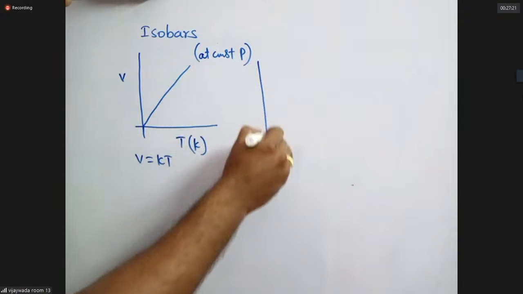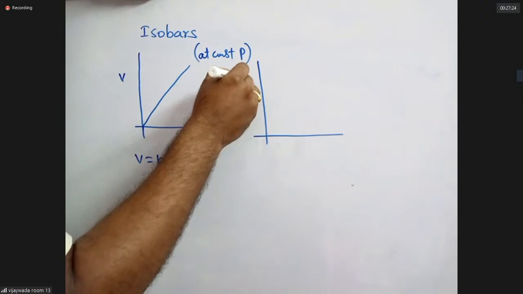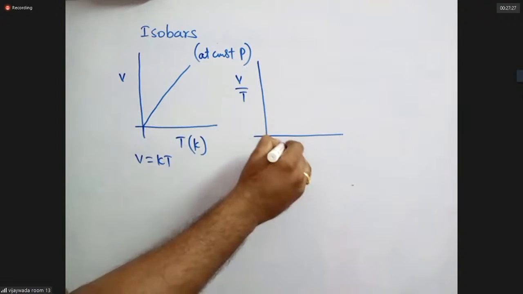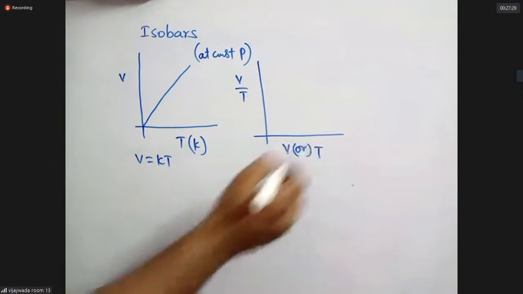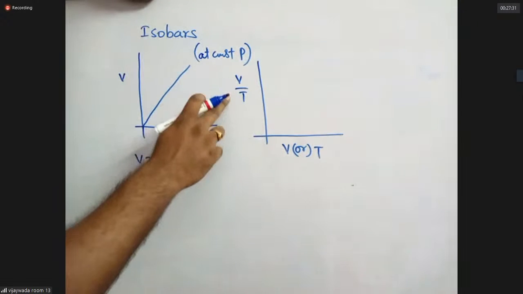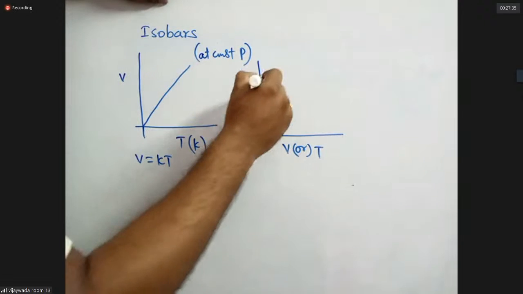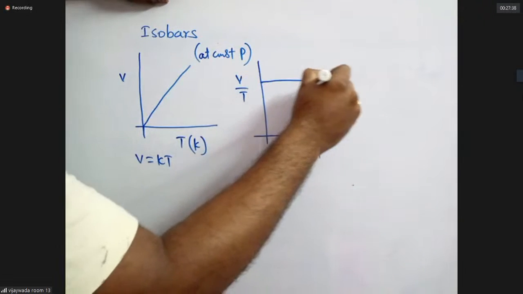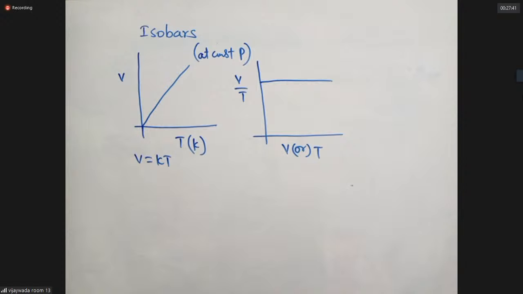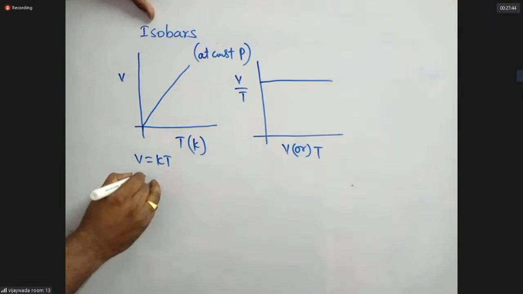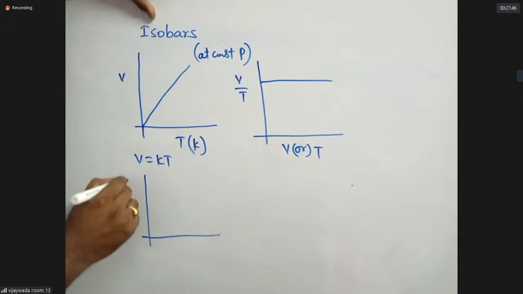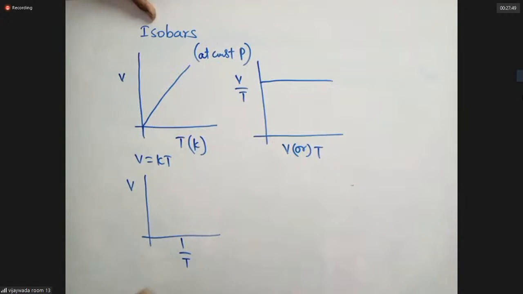Next, V by T. V by T at any volume, at any temperature is constant. So this graph will be like this. Next, V versus 1 by T. V increases, 1 by T decreases. V decreases, 1 by T increases. So the graph will be like this.